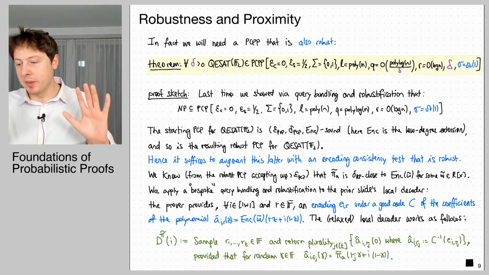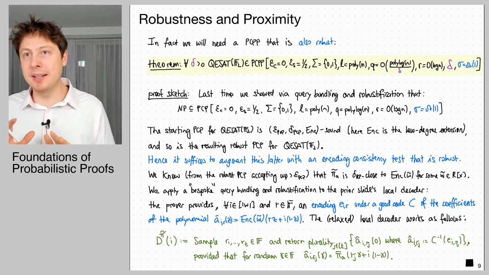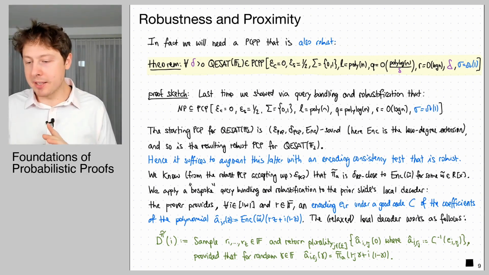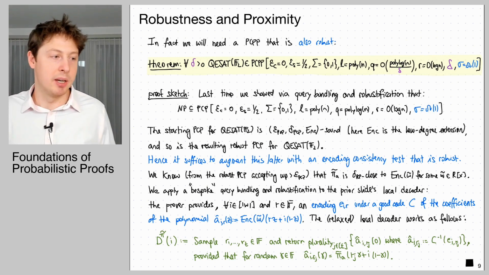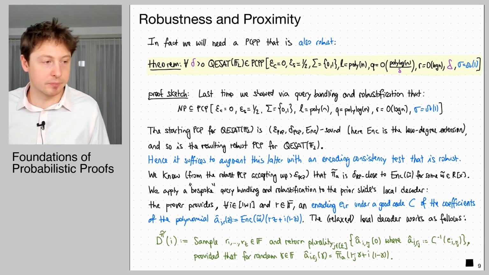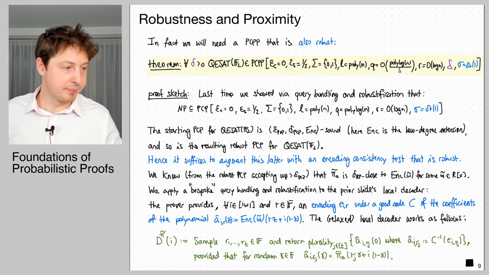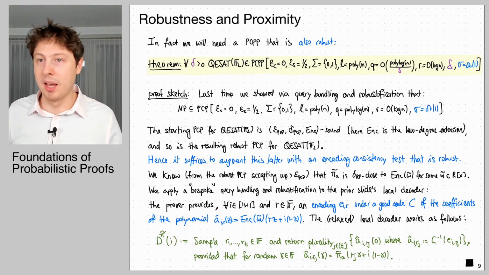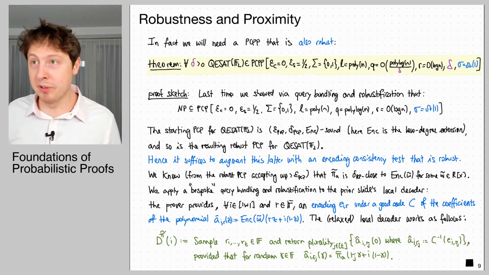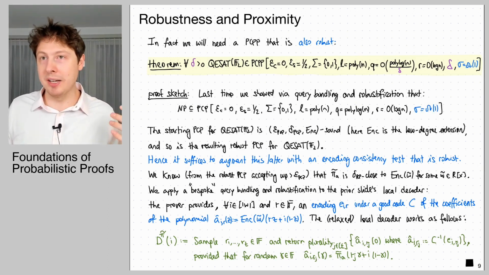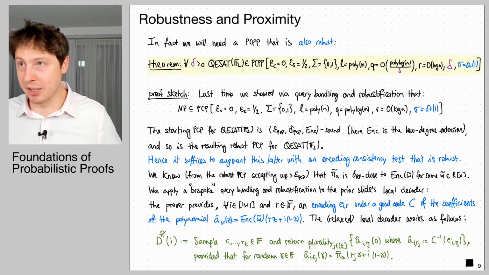So I don't want to linger too much on this one, but I'm just borrowing ideas directly from the query bundling robustification that we did generically and directly applying them to the consistency check that we just did. I think it's a good exercise, if you want to try it, to work out the proof in detail. It will be a combination of ideas from this lecture and from the last lecture.